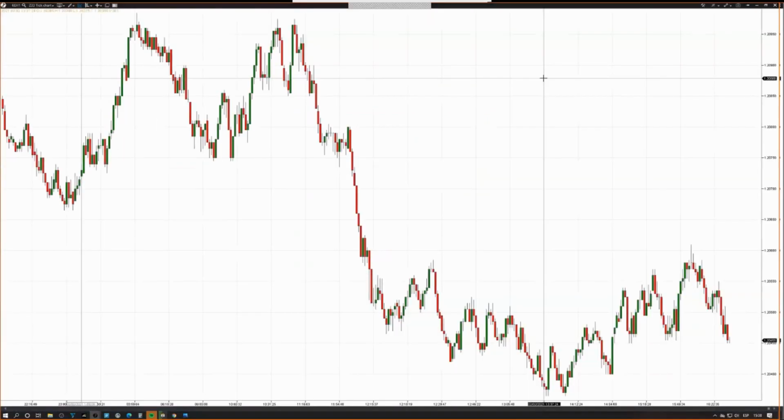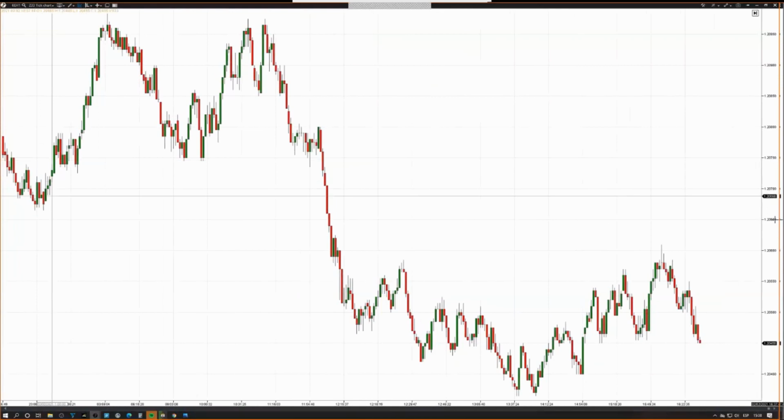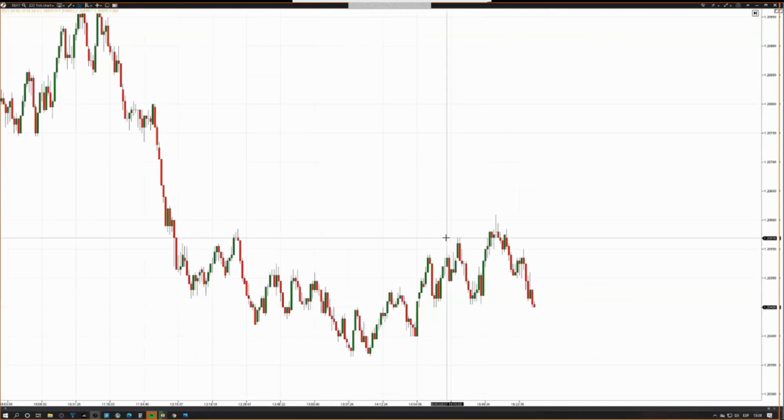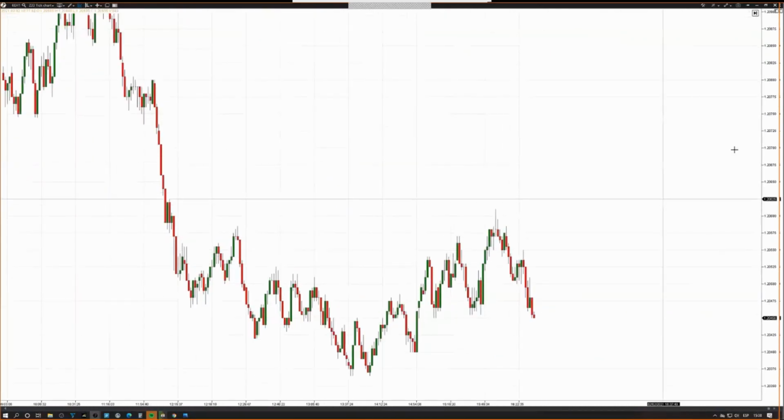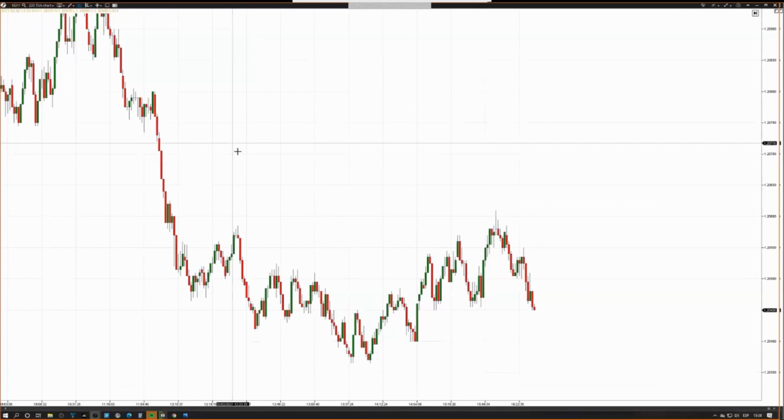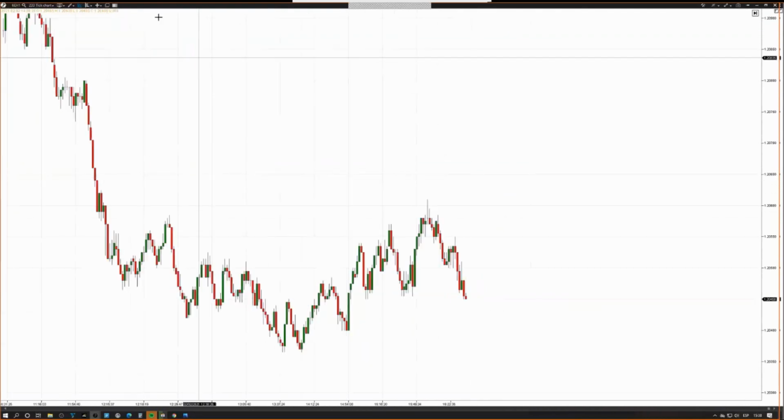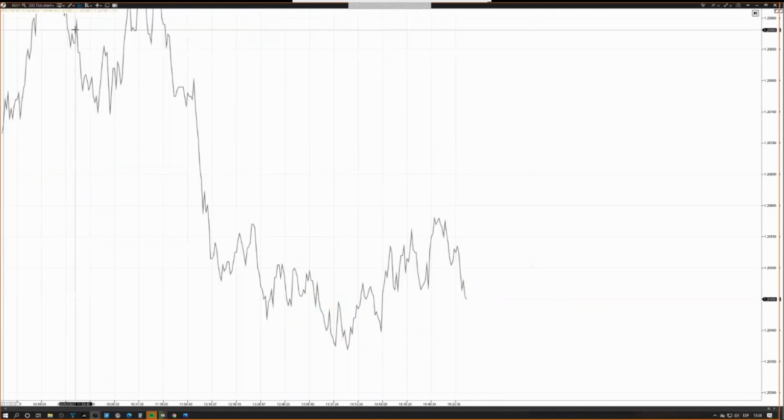This is pretty much what you will get if you're using any broker application, any platform. You will get bars. You can use not only bars, but you can also use lines if that's useful for you.